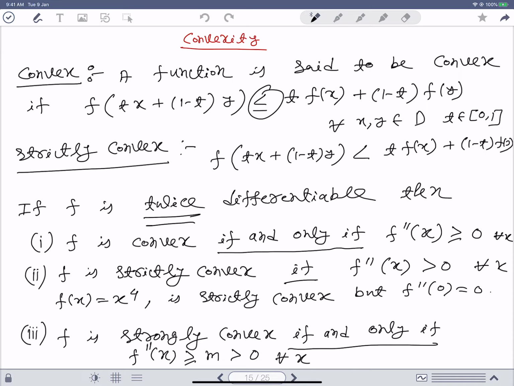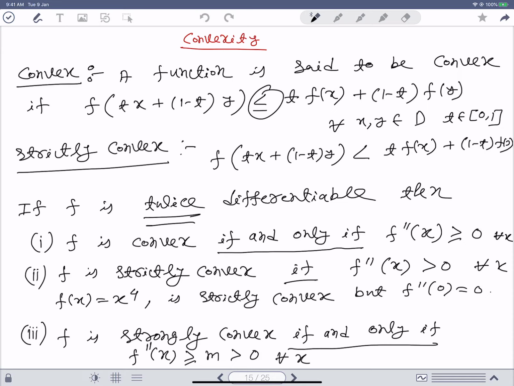Okay. It is better to remember this one, and since it is an if and only if criterion, you can take this as strongly convex. If you need to check whether a function is strongly convex or not, generally you will be given a twice differentiable function, because all the functions are smooth in our case. And then f double dash x is bigger than or equal to m, bigger than 0. So this is the definition.